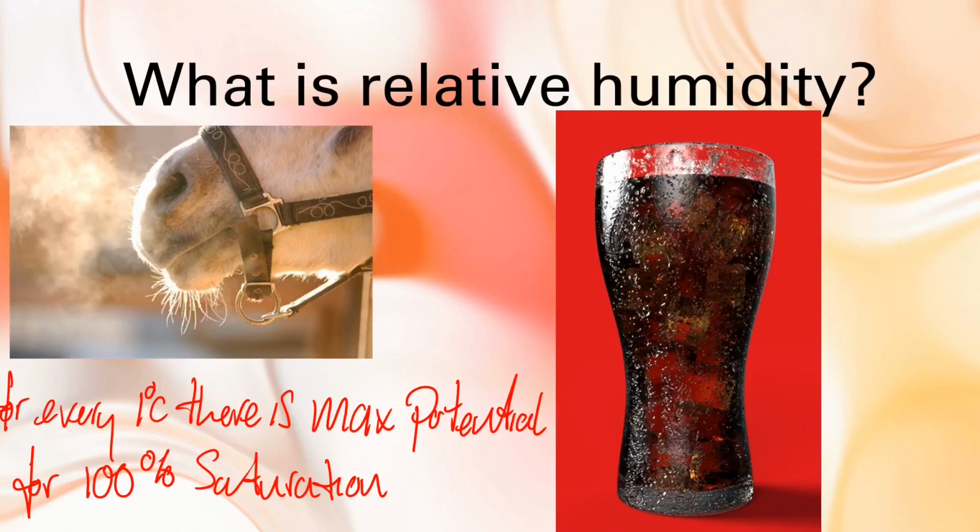If we add 1 drop of water to that sponge, that drop will come straight out because there isn't any potential to hold it. There's not enough energy in there. If we only put half a gallon into the sponge, then that would be 50% relative humidity. In other words, half the content is equal to half the potential for 100% saturation.